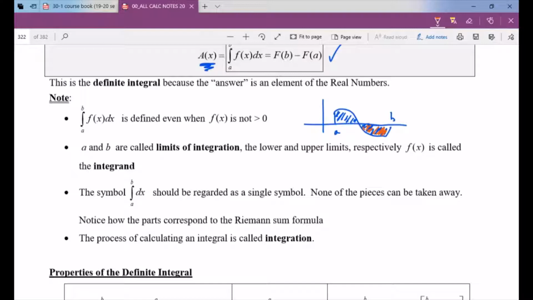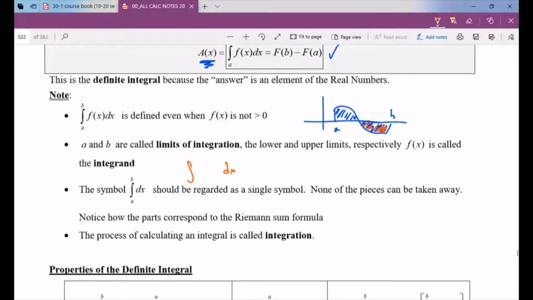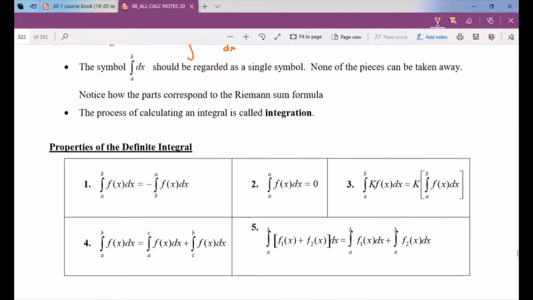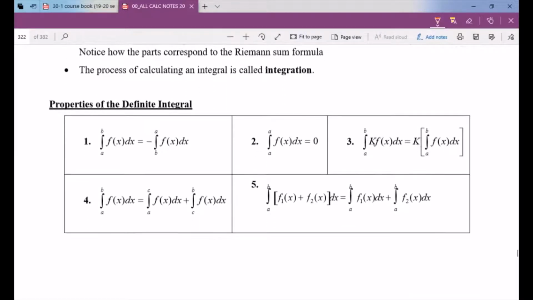We can't really write our integration symbol, this curly s thing, without saying what variable we are integrating over, that's what that piece is. It is a single symbol. None of the pieces can be taken away. And the process of calculating an integral is called integration.